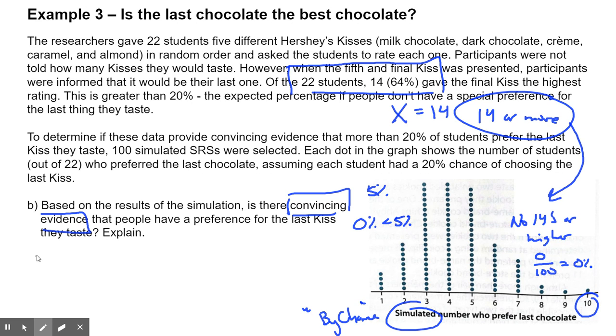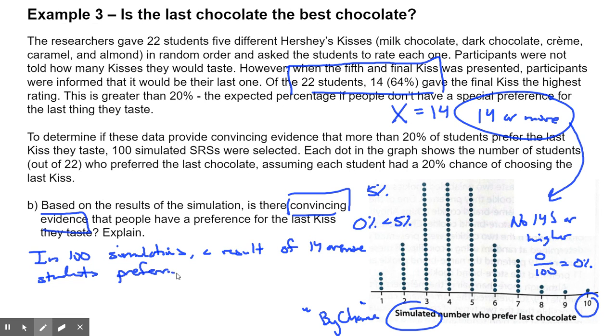So we're going to say something like this. In 100 simulations, a result of 14 or more students preferring the last chocolate occurred 0 times, or I'll be clever and say never occurred.